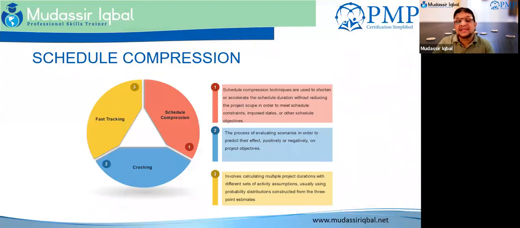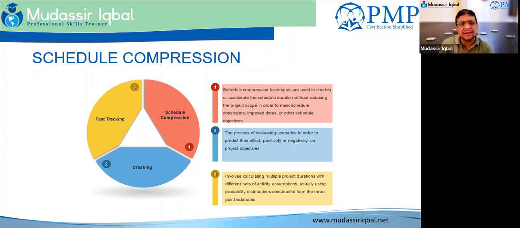Moving forward is schedule compression. Now we have talked about the lead and lag. Now what happened is that we have created a schedule and our schedule is perfectly doing fine. It is very important to understand that schedule compression, which is fast tracking or crashing, can only be done on the critical path activities.